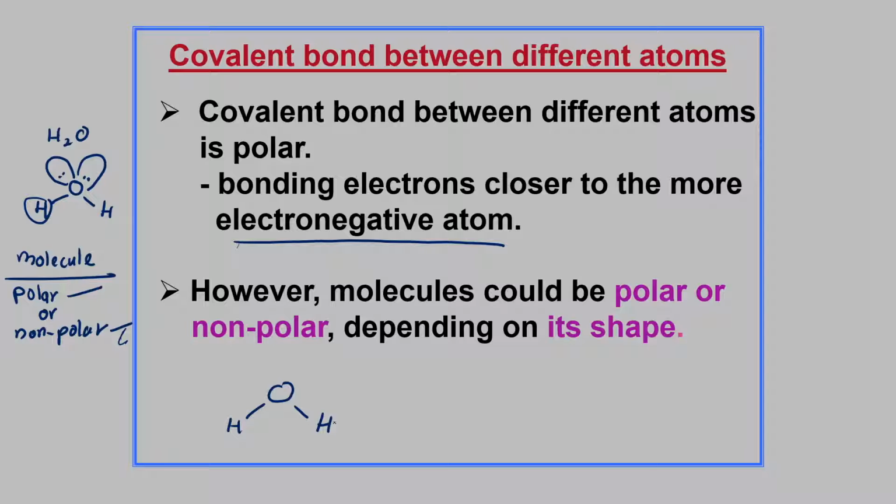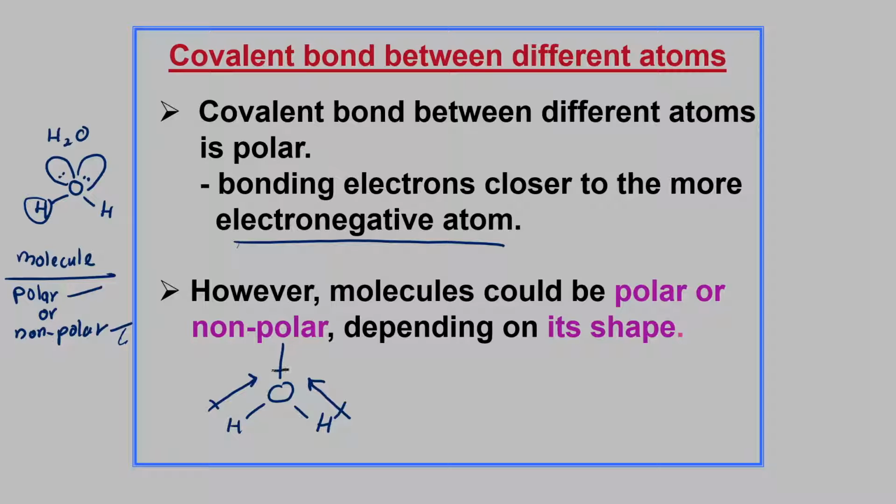To draw the arrow, the more electropositive atom, the electrons are pulled towards the oxygen. Same here. Thus we have a net dipole moment.